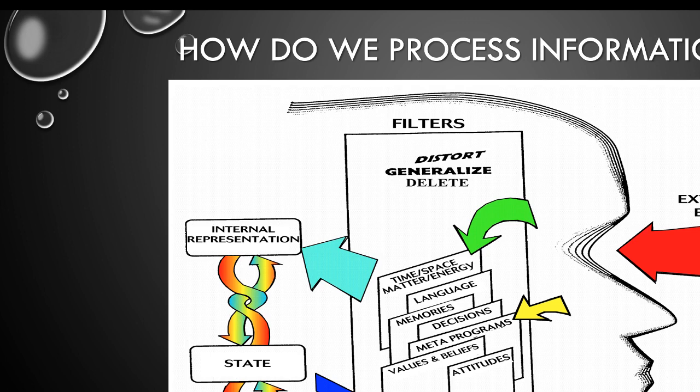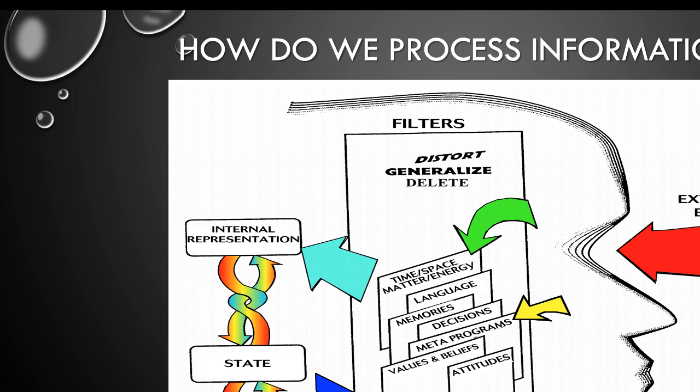Now here is another great illustration to show basically what's happening when you're thinking. How do you actually process information? You start off with the external event, whatever stimuli information goes in through the eyes and other sensory receptors. But let's just focus on the eyes for the sake of this explanation. Then you filter it. I'm going to be explaining these filters in the next slide, so just stick with me for the moment.